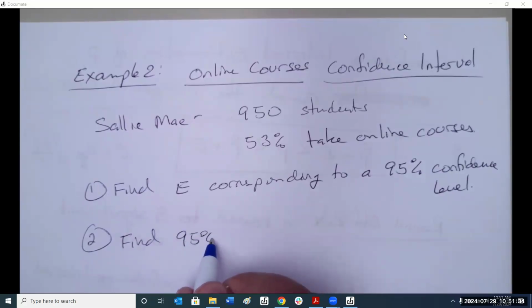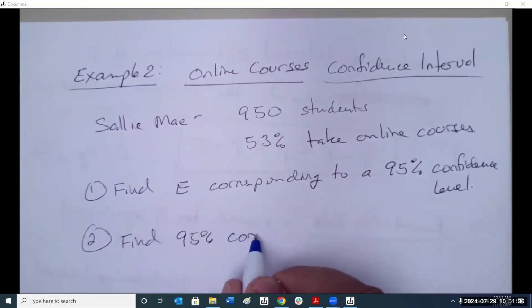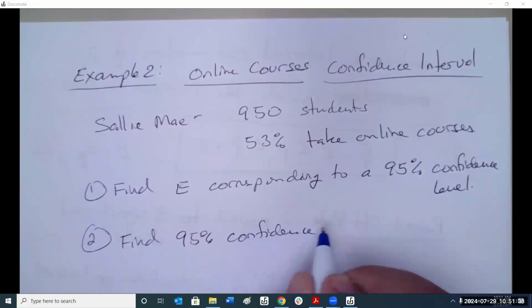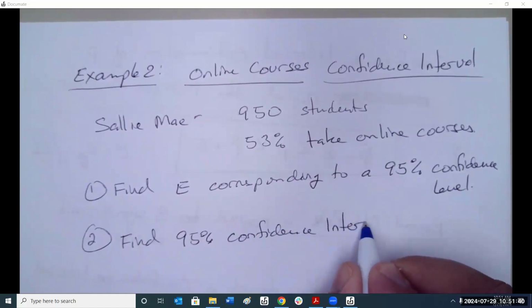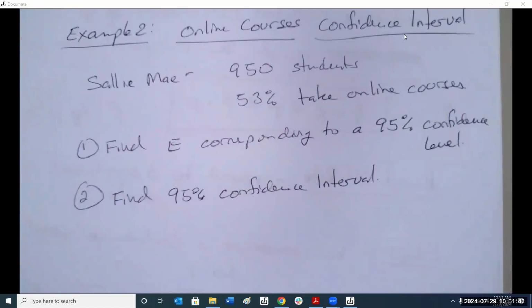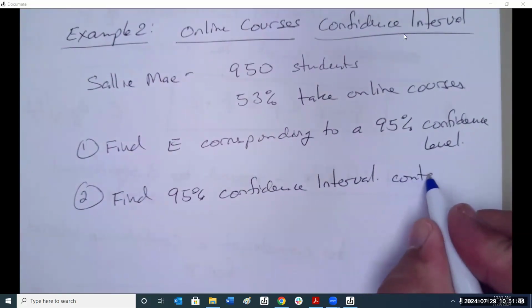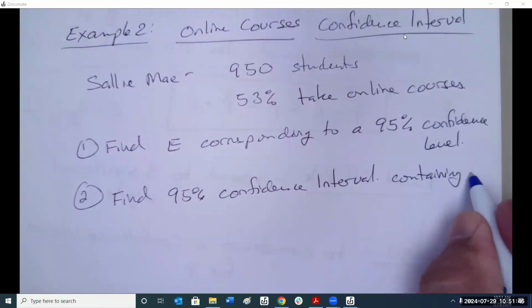Two, find the 95% confidence interval containing P.